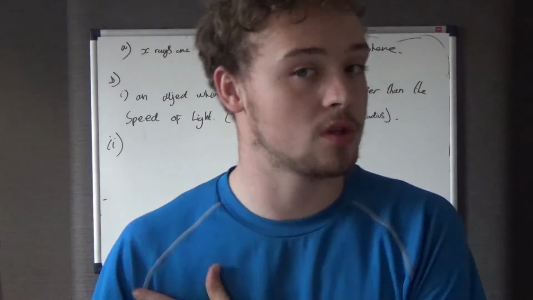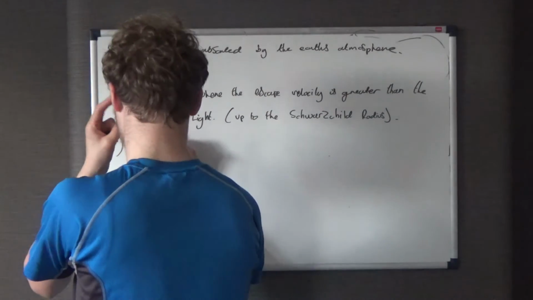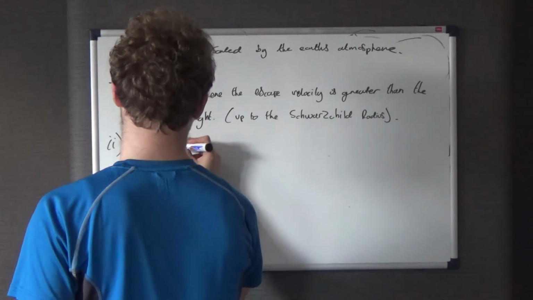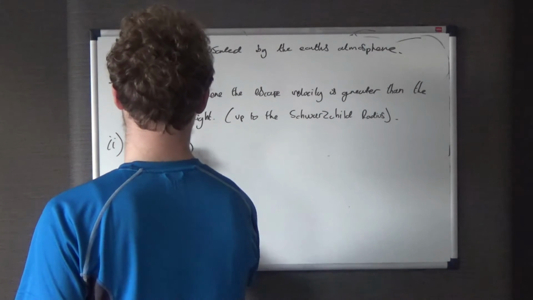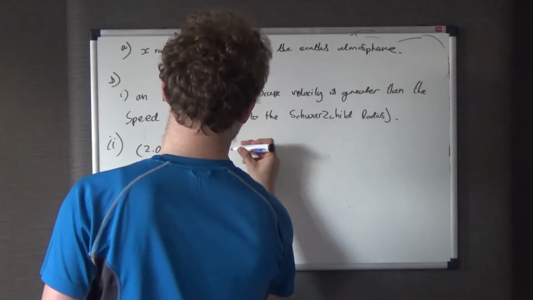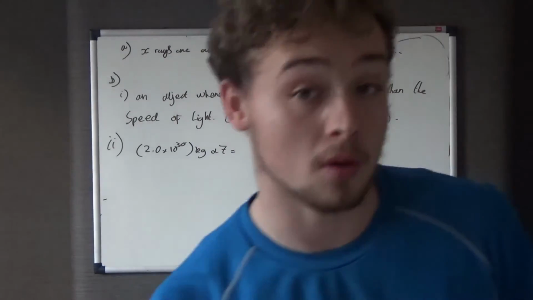Okay, but as it's told you the mass of the Sun in the question is 2 times 10 to the 30, then that's what you would use. So the mass of the Sun is 2 times 10 to the 30 in kilograms, and the mass of the black hole is 7 times that, so times that by 7. That's also known as 7 solar mass.